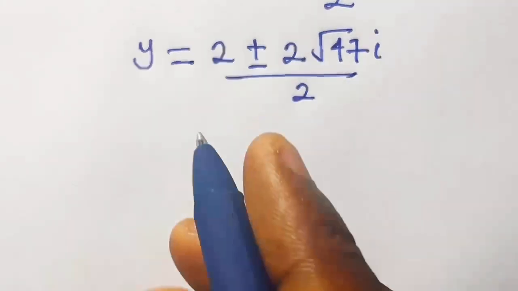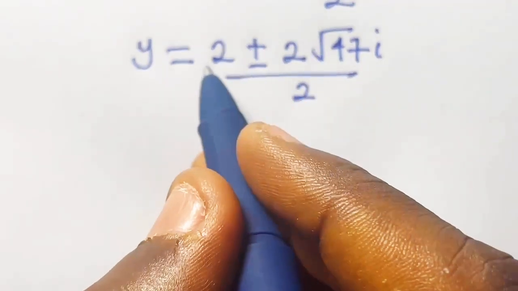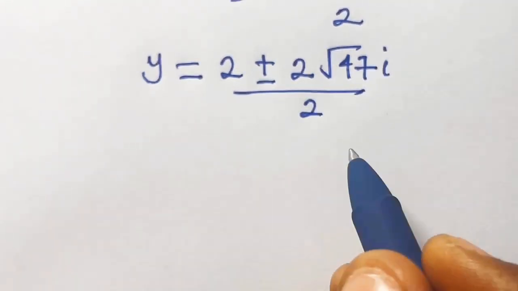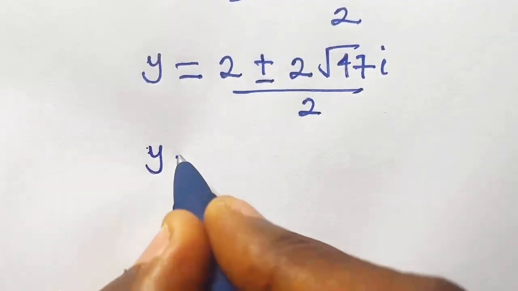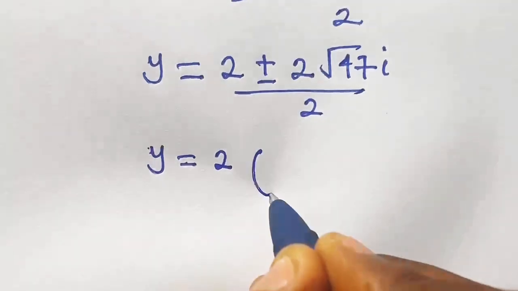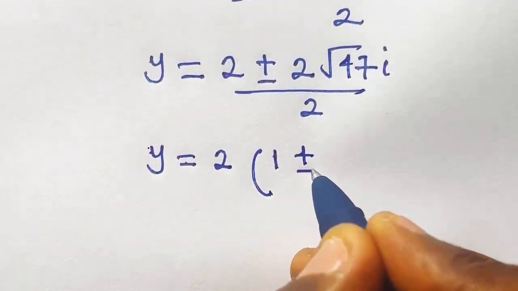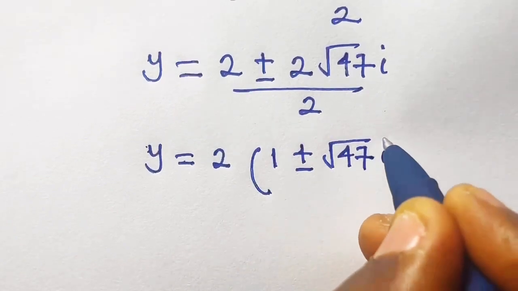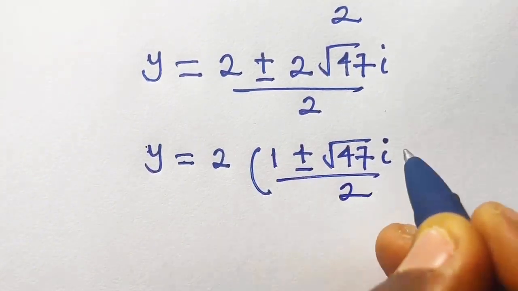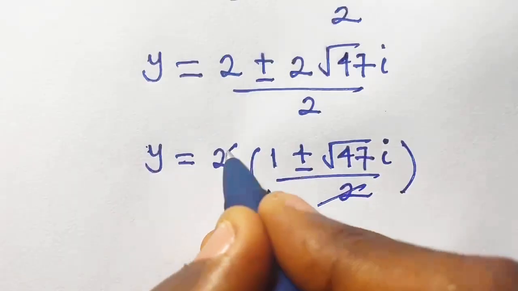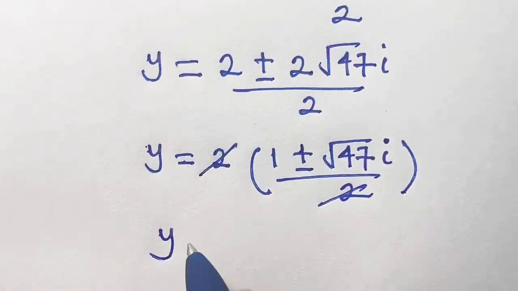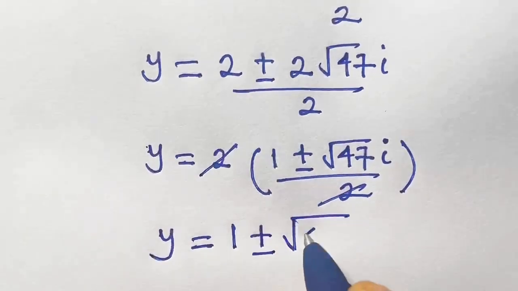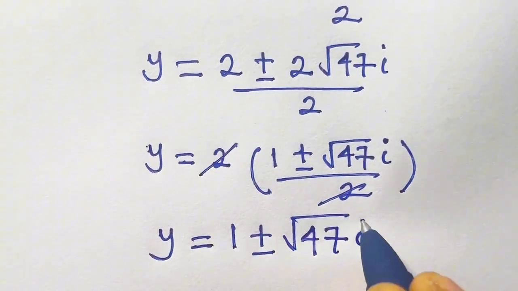Now we can see that we have a common factor here, which is 2. We can factorize 2 out. So we have y equals 2, what will be left here? 1 plus or minus square root of 47i, divided by 2. So this 2 cancels this 2. So we have y equals 1 plus or minus square root of 47i.